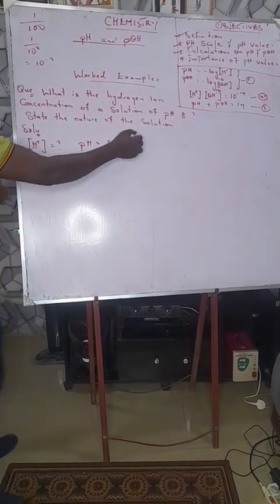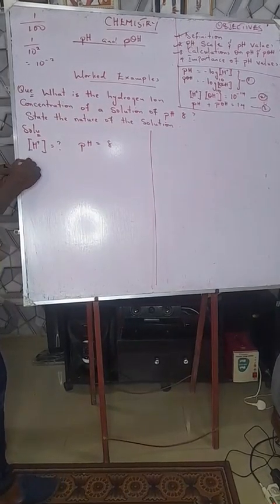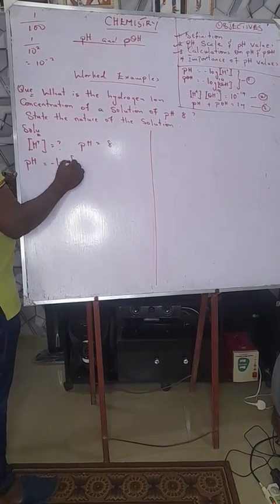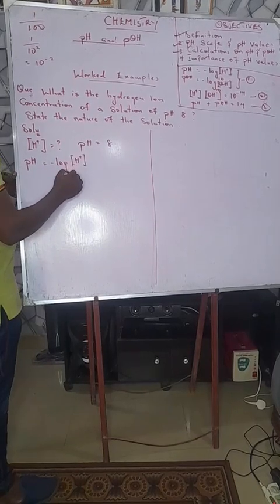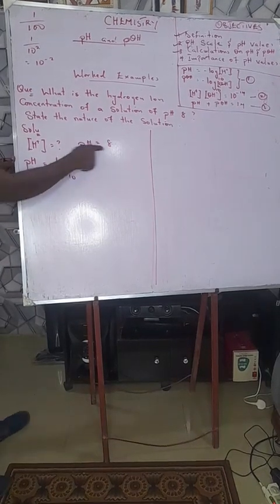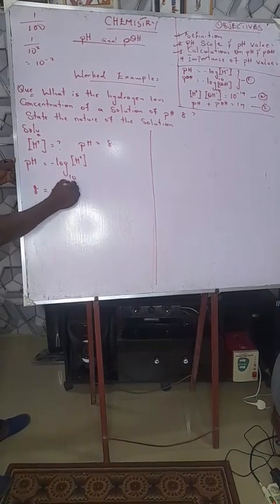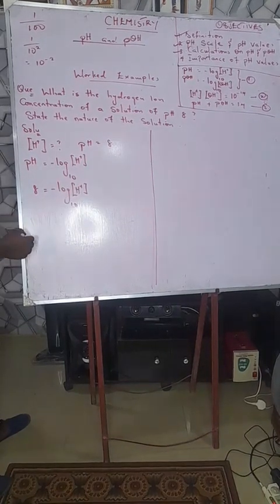Remember our formula: pH is equal to negative logarithm of hydrogen ion concentration to base 10. This time we want to calculate the hydrogen ion concentration. They gave us the pH itself, so 8 is equal to negative logarithm of hydrogen ion concentration to base 10.